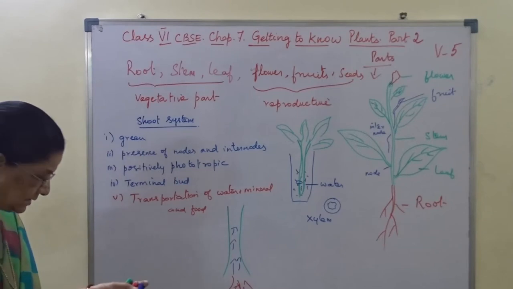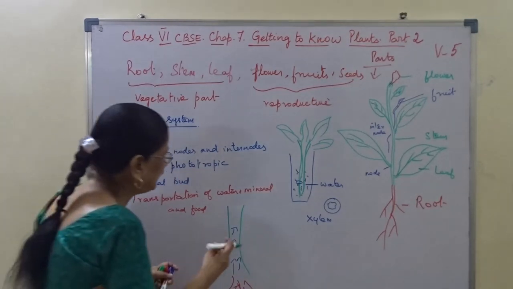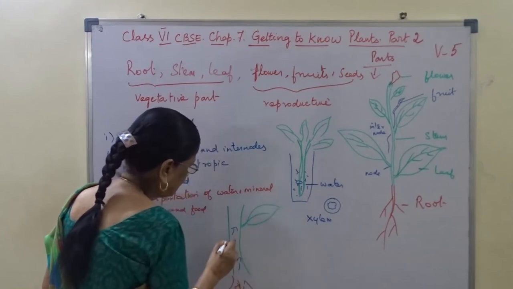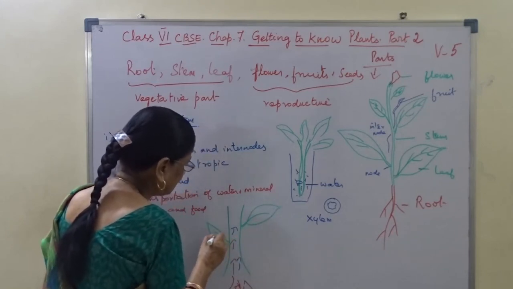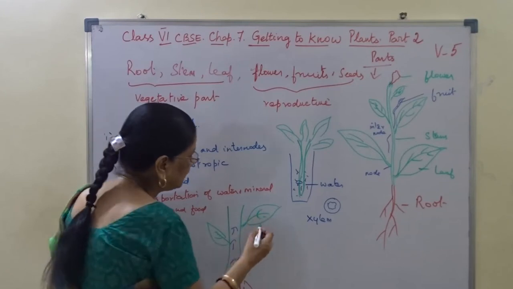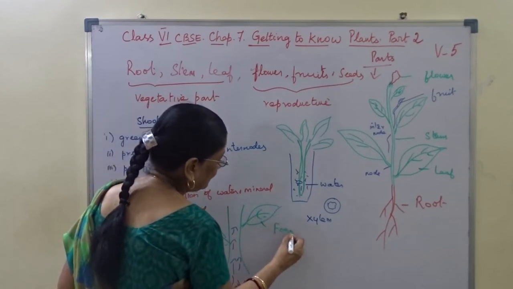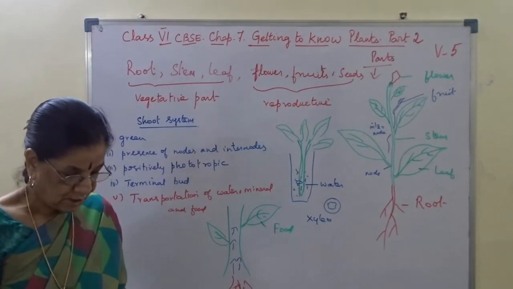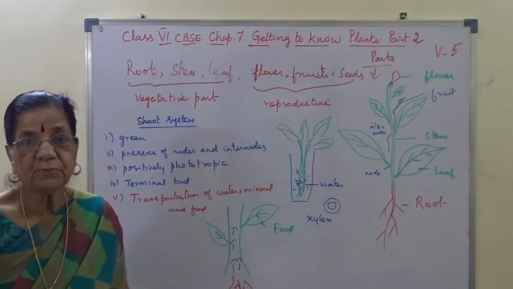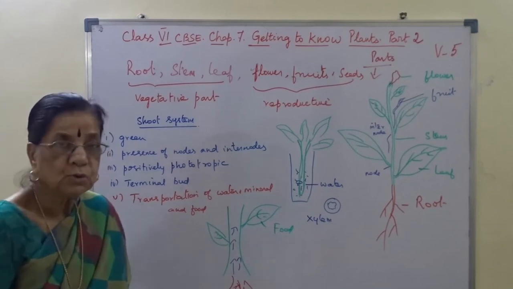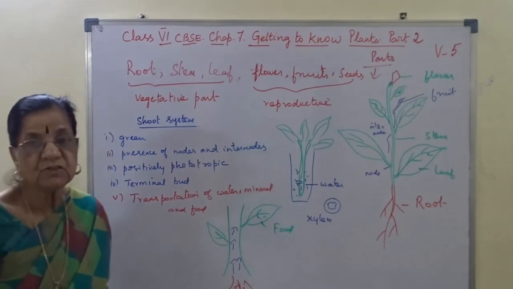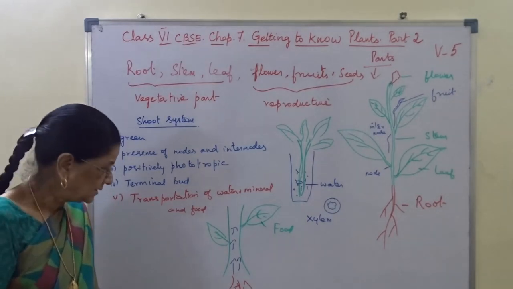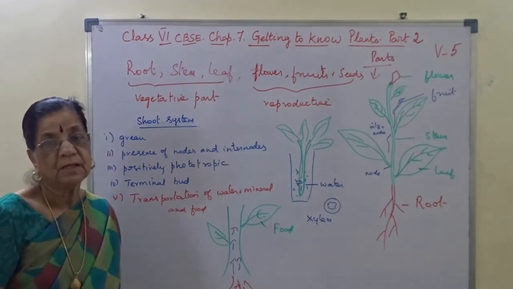At the same time, the leaves are present on the shoot system, and that prepares food by the process of photosynthesis. So I say leaves prepare food by the process of photosynthesis, and water is absorbed by the root system and it is entering into the stem.